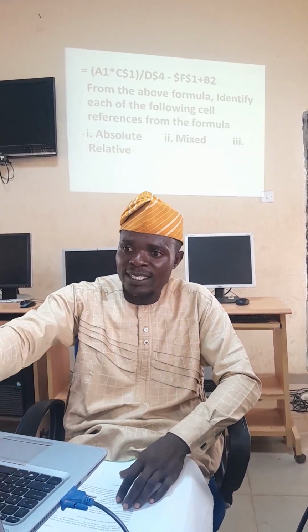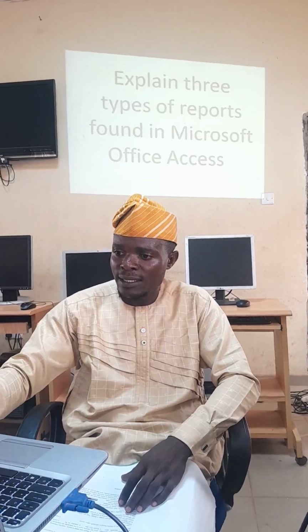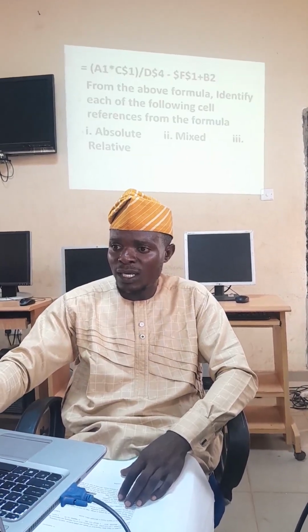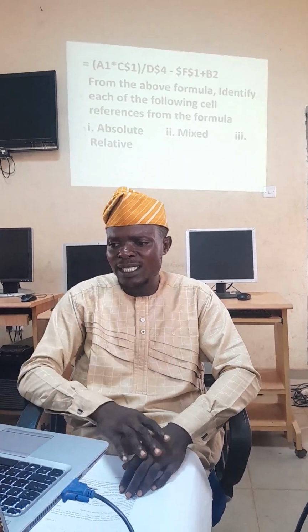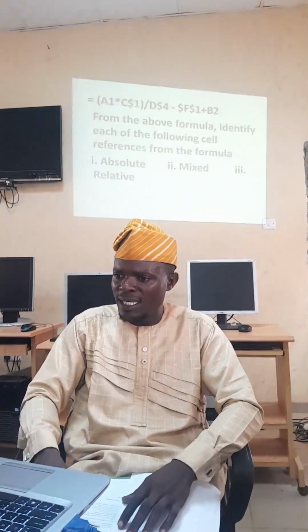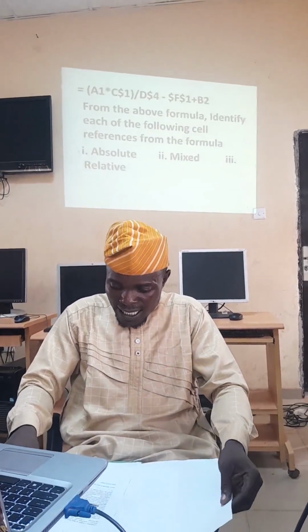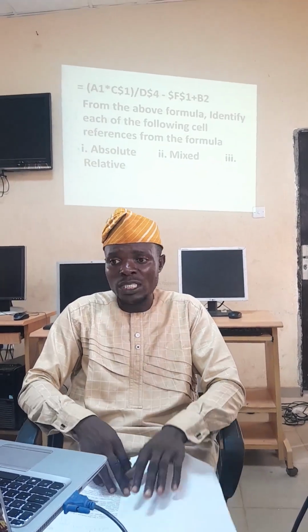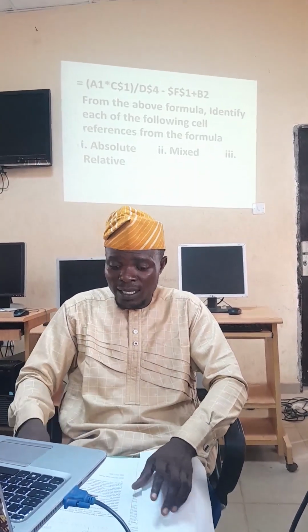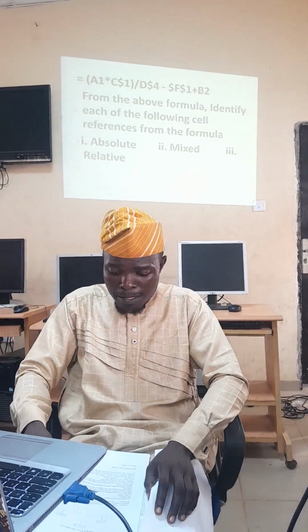From the formula we are seeing here, which one is absolute reference, which one is mixed reference, and which one is relative reference, and how can we differentiate among the three referencing styles?